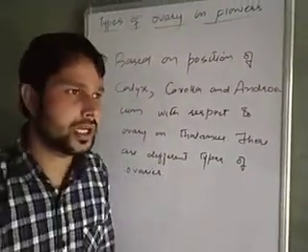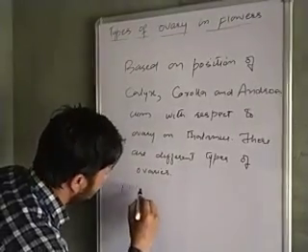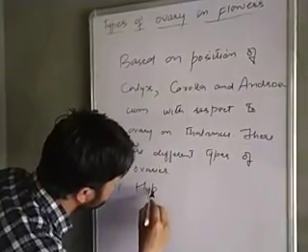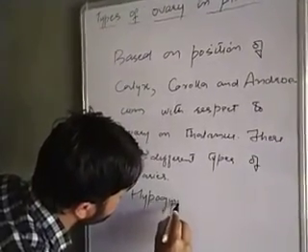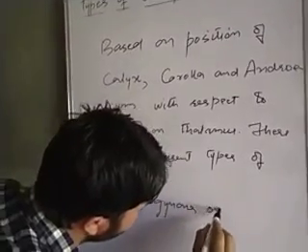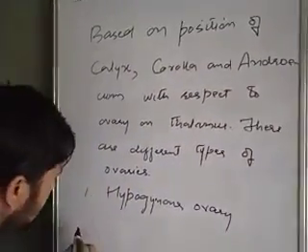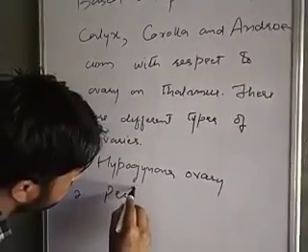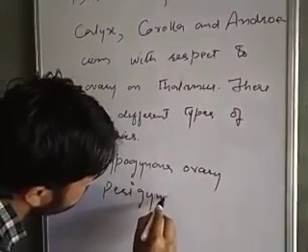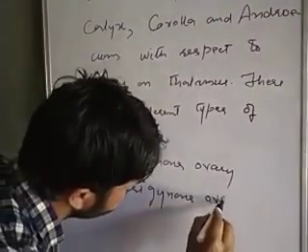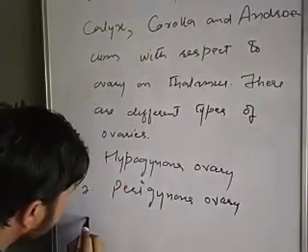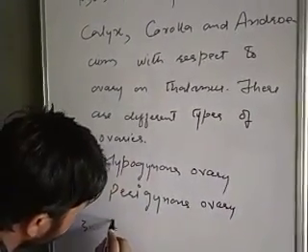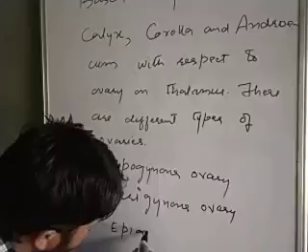What are these ovaries? These are number 1, hypogynous ovary, number 2, perigynous ovary, number 3, epigynous ovary.